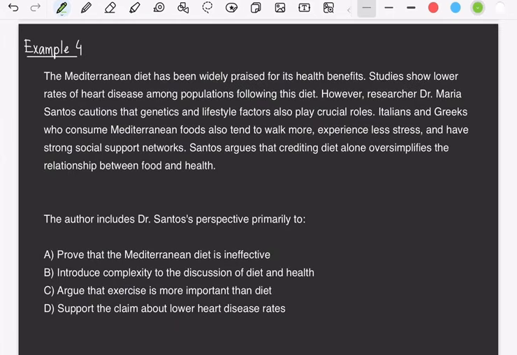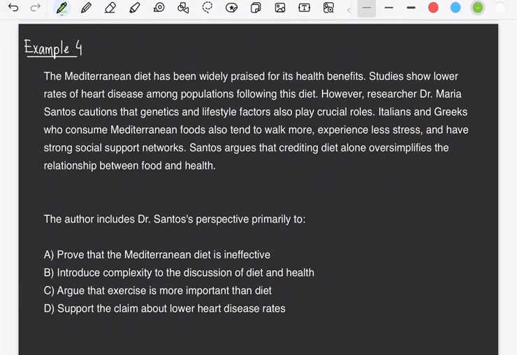Italians and Greeks who consume Mediterranean foods also tend to walk more, experience less stress, and have strong social support networks. Santos argues that crediting diet alone oversimplifies the relationship between food and health.